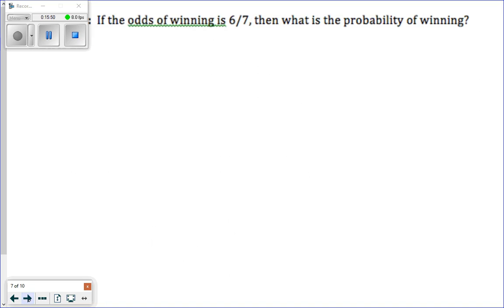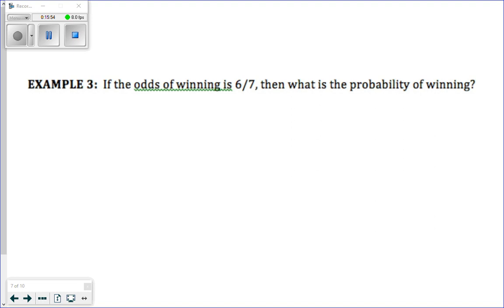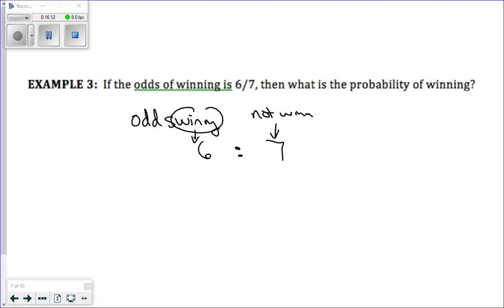Okay, let's try this guy. If the odds of winning are given, I'm going to write it like this, 6 to 7. So this one is winning. This number is not winning.